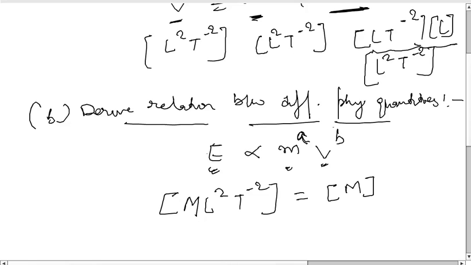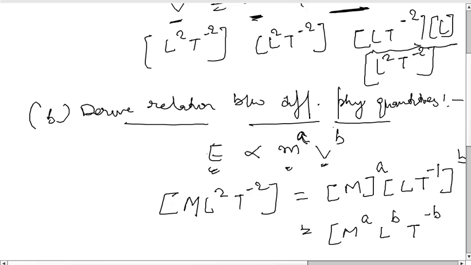It will be M to the power a. Then the dimensional formula of velocity will be L T to the power minus 1, raised to the power b. So it can be written as M to the power a, L to the power b, T to the power minus b. Is it clear?